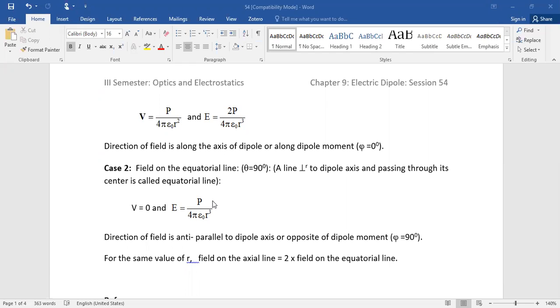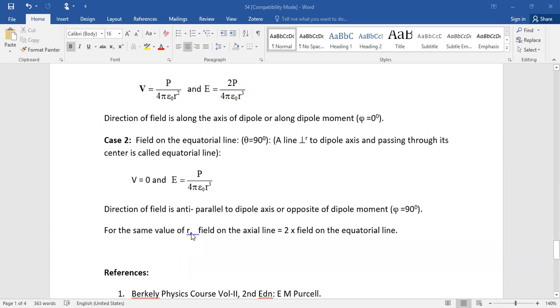This is the field on the equatorial line. For the same value of R, the field on the axial line is double the field on the equatorial line. Okay, let me end the session here.